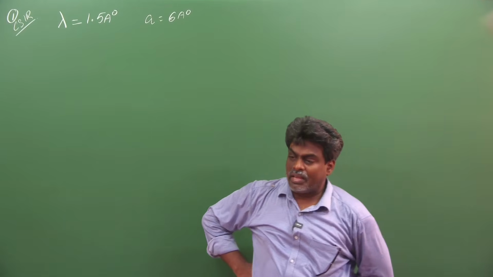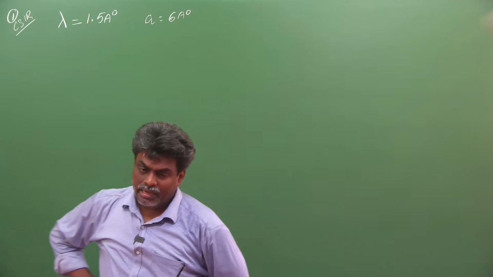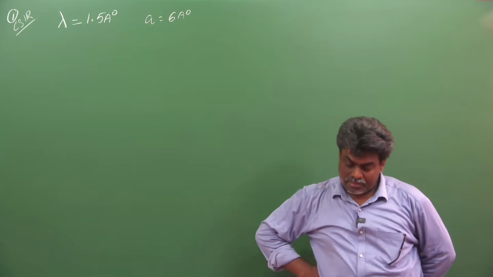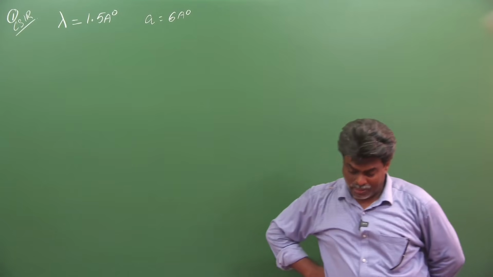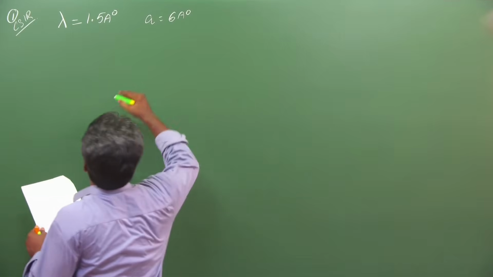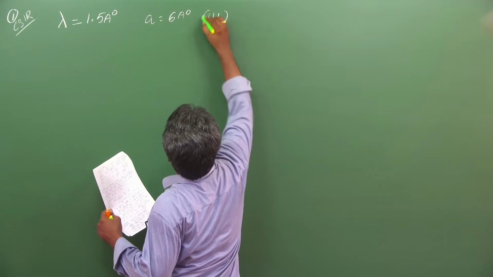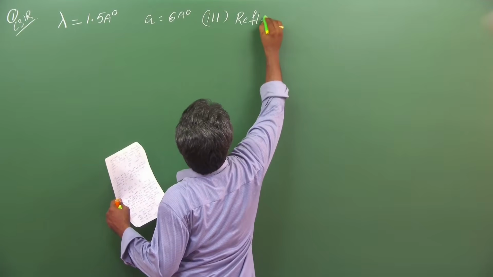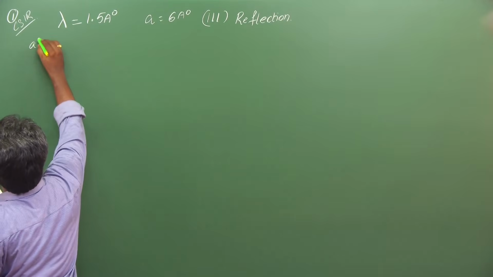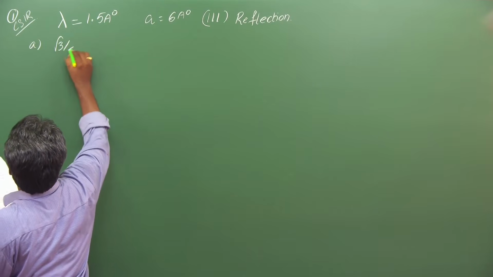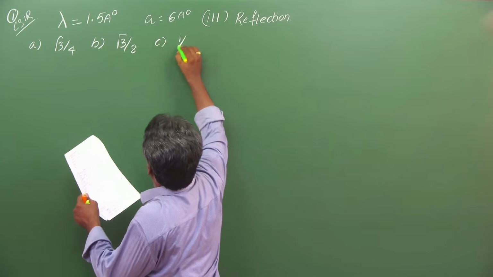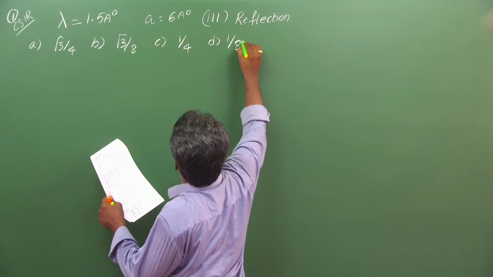The sine of the angle, sine theta, sine of the angle corresponding to triple one reflection, is A root 3 by 4, B root 3 by 8, C 1 by 4, D 1 by 8.